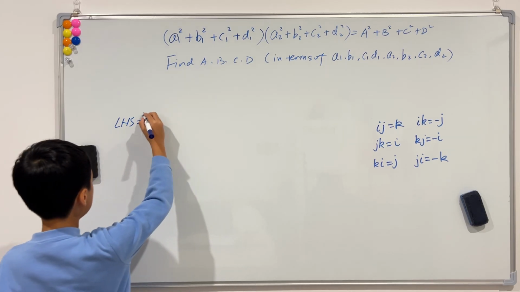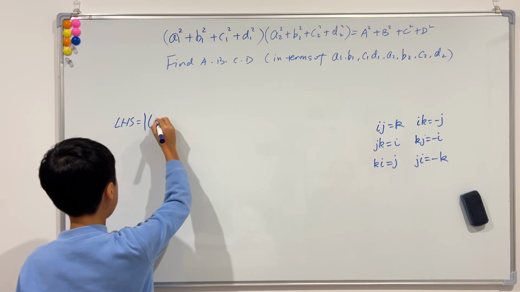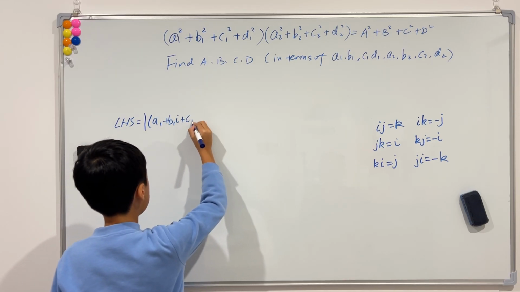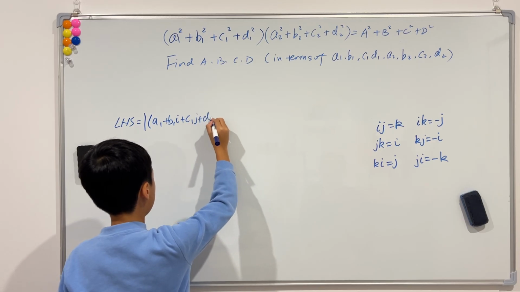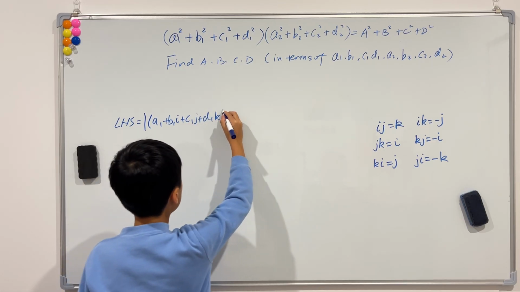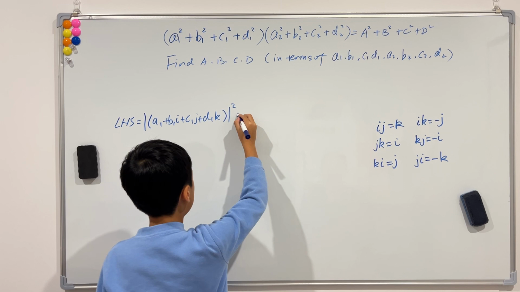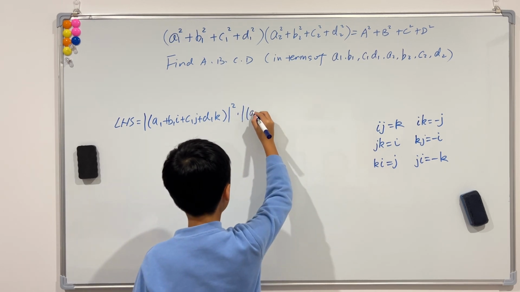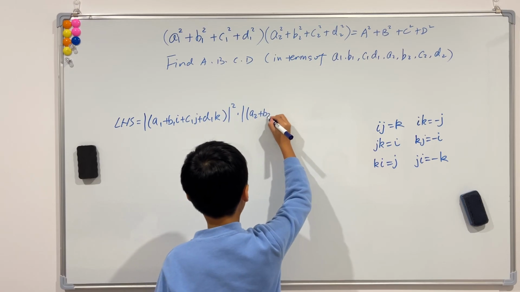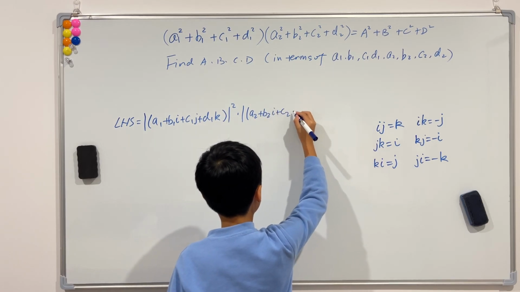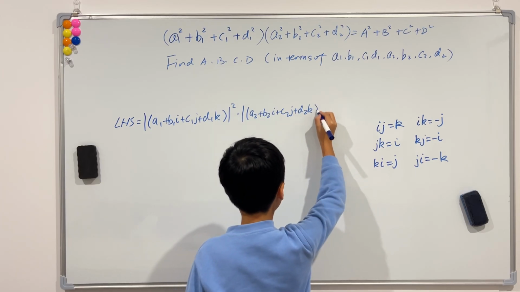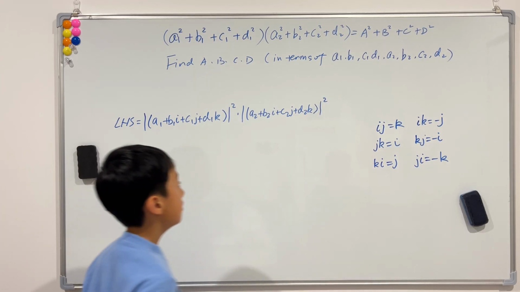So, the modulus of A1 plus B1I plus C1J plus D1K squared times the next one, A2 plus B2I plus C2J plus D2K modulus squared.